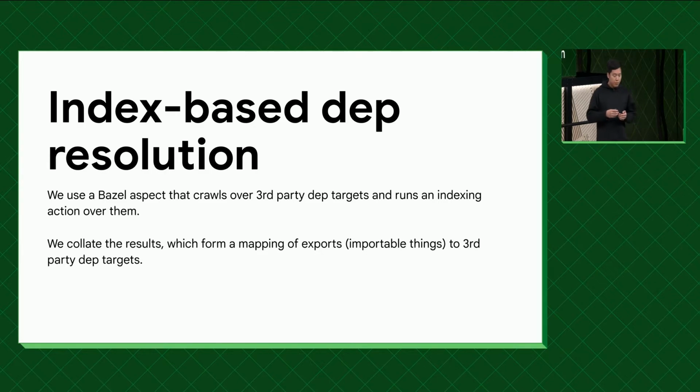So we do this by way of implementing a Bazel aspect that crawls over our third-party dependency universes and runs an indexing action on it. You can imagine that indexing action to be a function that takes a class jar or source jar, breaks it open, analyzes the bytecode or parses the code, and extracts exports or importable names.